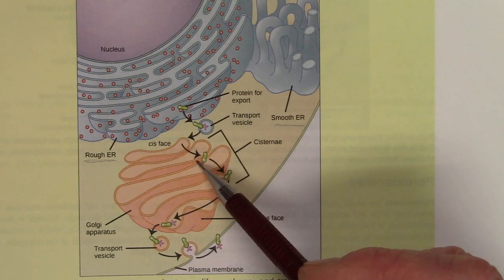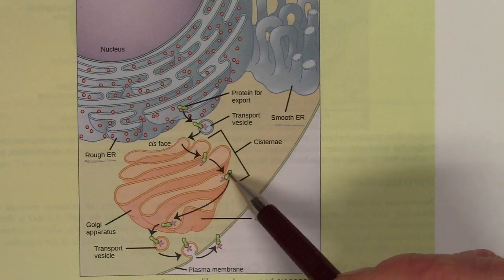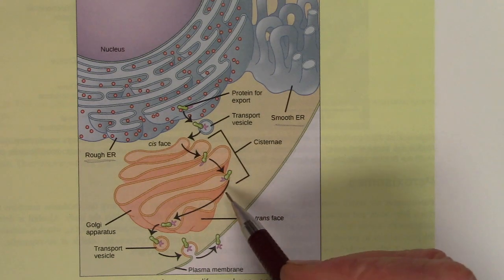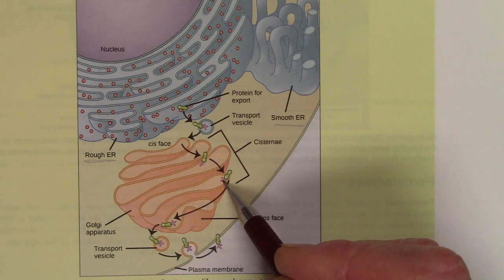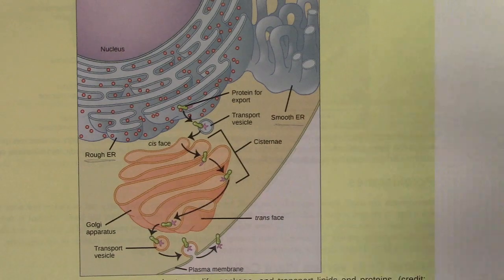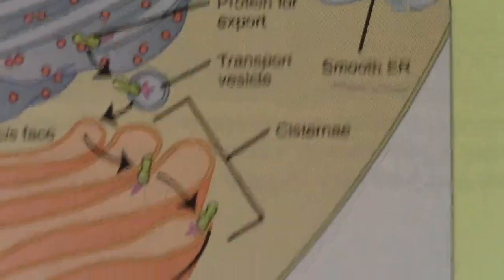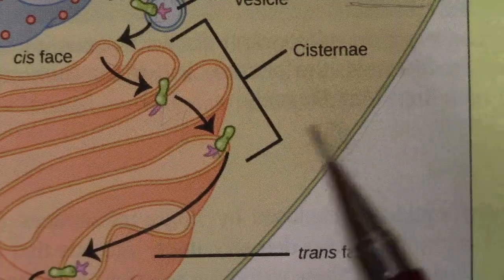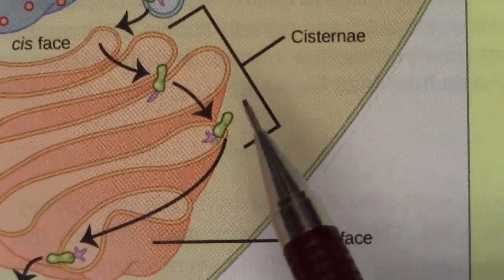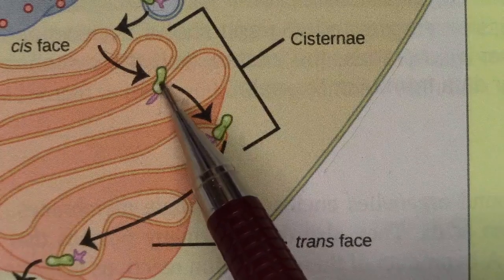And then this moves to the next organelle, to the Golgi, and that green protein then moves through the Golgi, and as it moves through, it gets modified again. And you notice that there's a little red thing developing on the green protein. You may have to enlarge this or get your magnifying glass. Oh, there we go. That's better. So this is just the synthesis of the green protein.